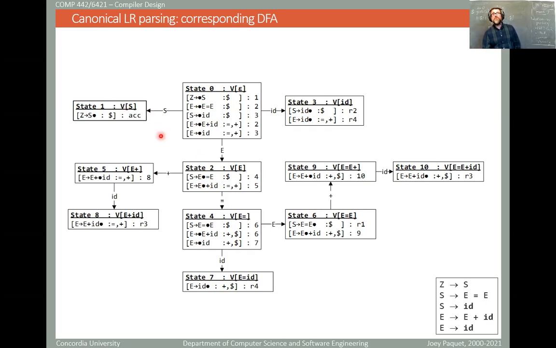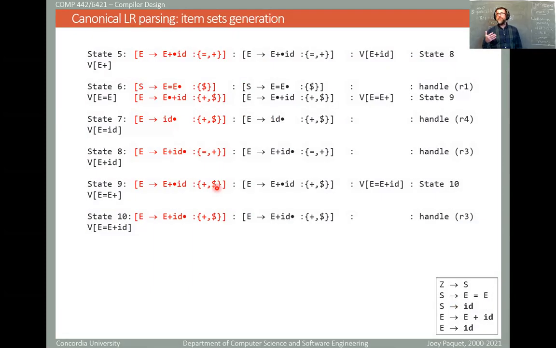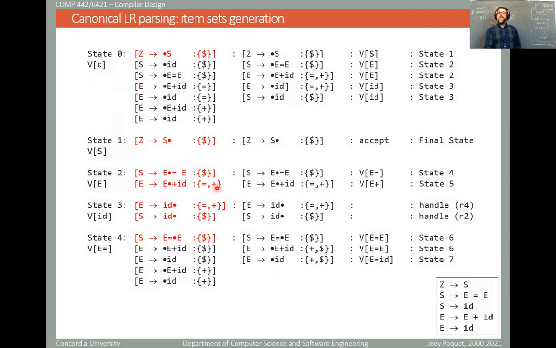For each of these, I would compute the closure of the item sets. Then I would come up with my completed item set, and then I repeat the process, determining the transitions, creating new states, and so on until I have computed all my closures and did not find transitions to new states that then need to be processed. So this is how it works.